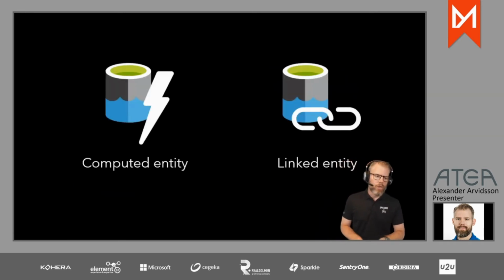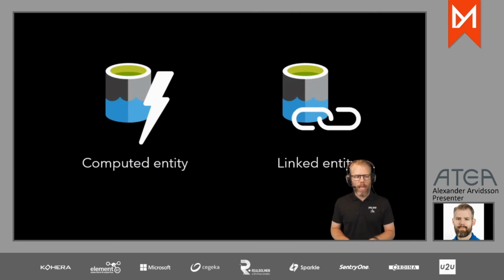So the things that you can do with premium are, for instance, a computed entity and a linked entity. And these are kind of, when you start to combine data, like merging stuff inside of Power Query, that's where you have linked entities and computed entities. Because suddenly Power BI and data flows can take these fairly complex calculations and toss that on the enhanced compute engine inside of the Power BI data flows.